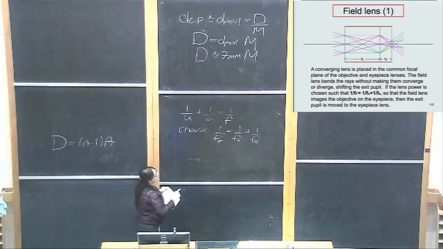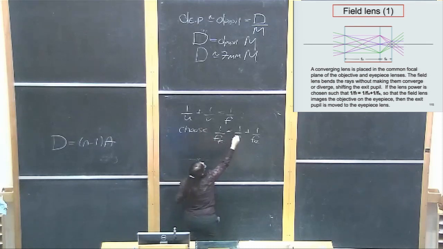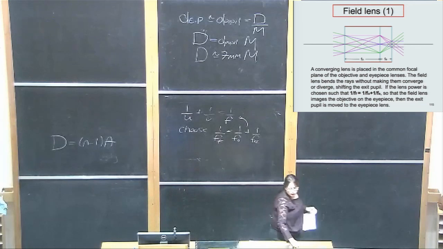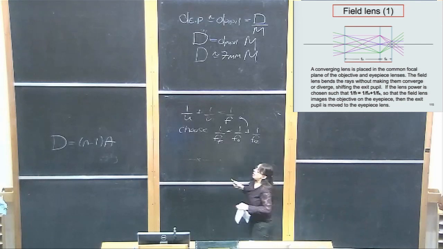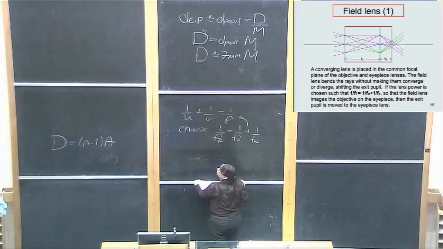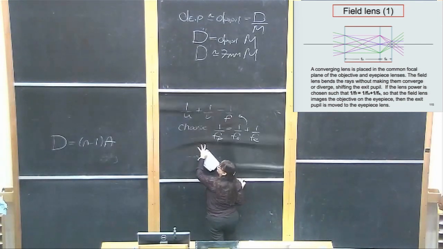If we choose that, which is what it says on the slide, then if you compare it with this equation, what we're basically doing is imaging the objective lens right onto the eyepiece, if we choose that particular value. So that's the simplest thing to do, and to understand the way that it might work.